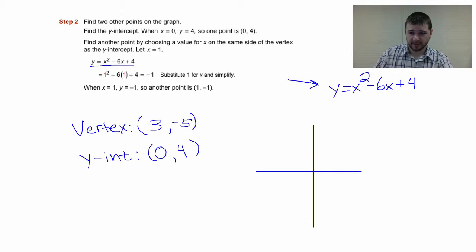Let me change colors and begin graphing. 4. So we have a y-intercept. Recall we already know our vertex, 3, negative 5.